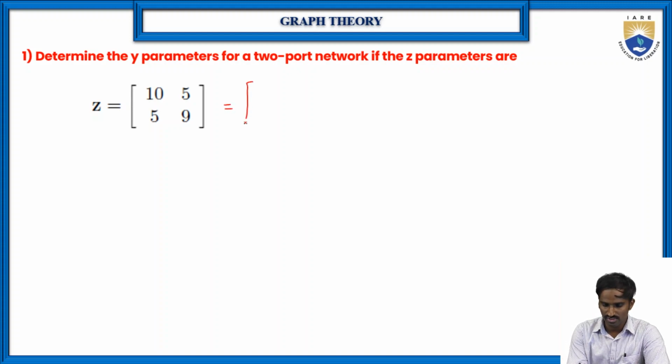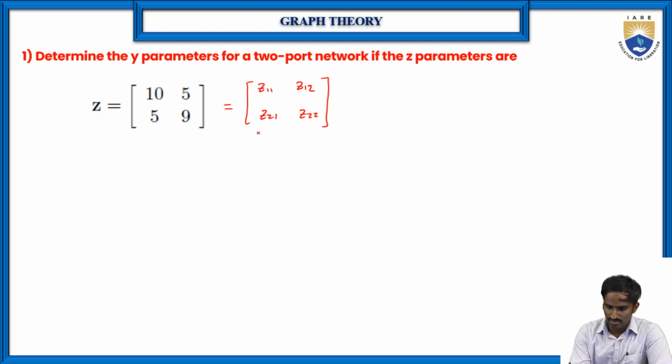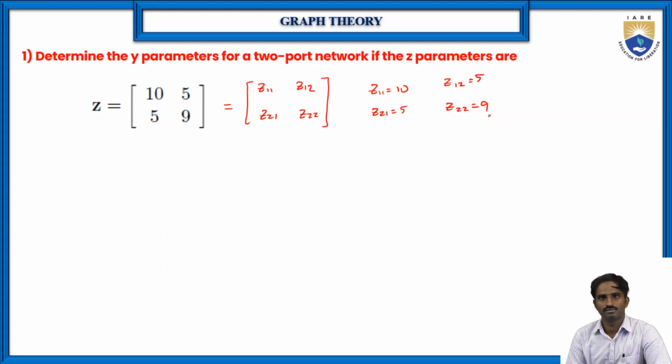As we know already, the Z parameters are Z11, Z12, Z21 and Z22. So Z11 is equal to 10, Z21 is equal to 5, Z12 is equal to 5 and similarly Z22 is equal to 9.